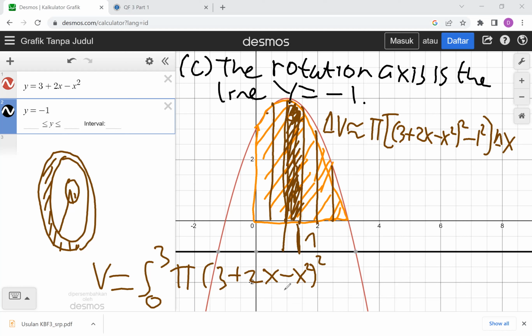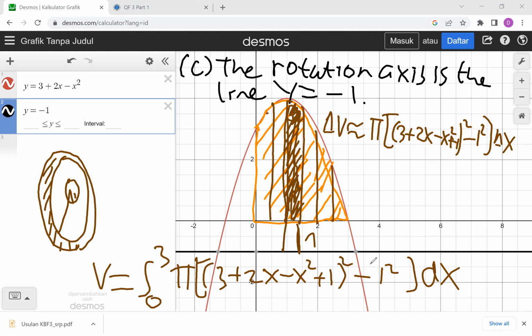Oh, sorry, I made a mistake. I forgot to add 1 here. So that will be 4 plus 2x minus x squared, squared, minus 1.